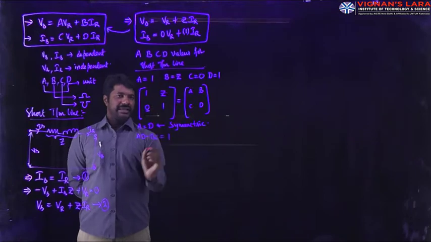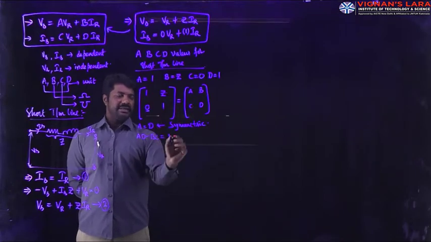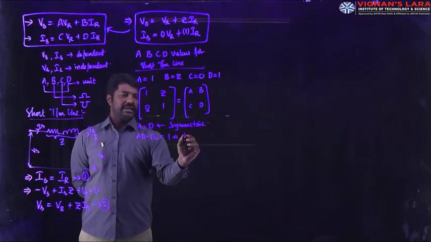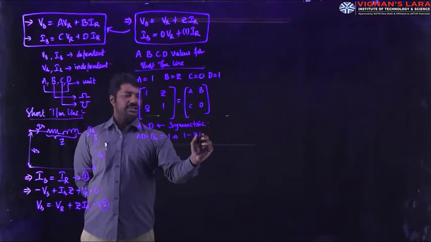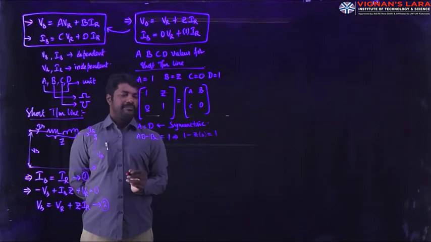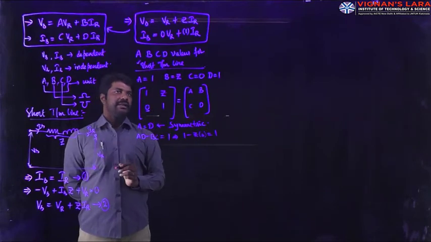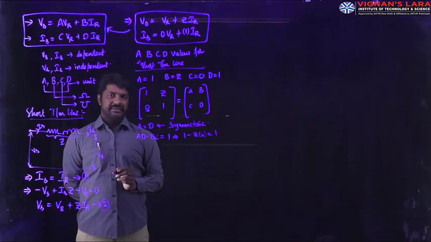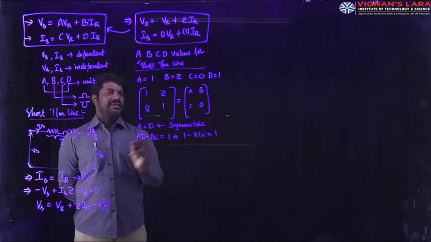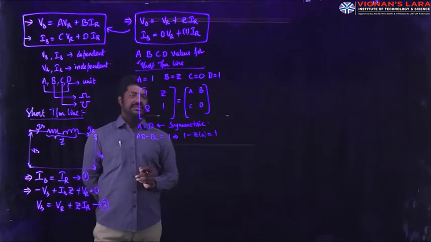So verifying AD minus BC, whose value is 1 minus Z into 0, that is equal to 1. Thereby this short transmission line is a reciprocal line with symmetry. So the constants for this ABCD are 1 Z 0 1.